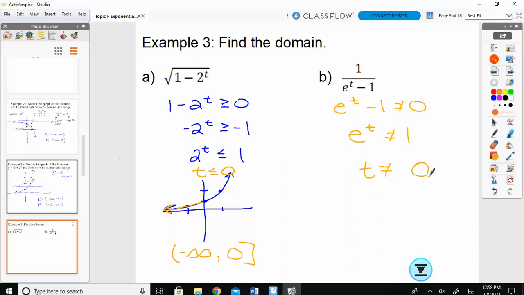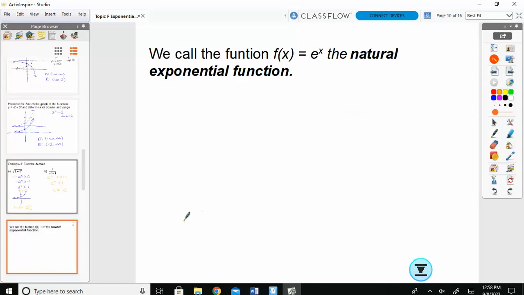Let's do just a couple slides. So this e to the t, we know when we talked about natural logs, that was a log base e. So e to the x, they call that the natural logarithm function.